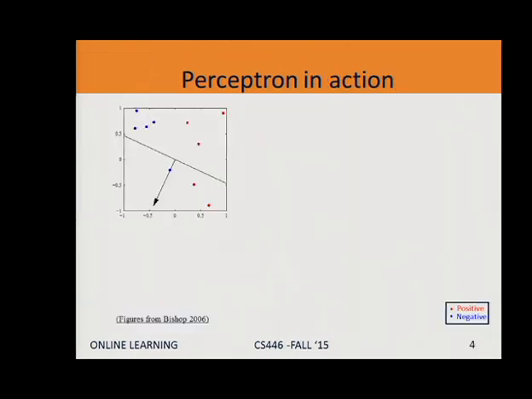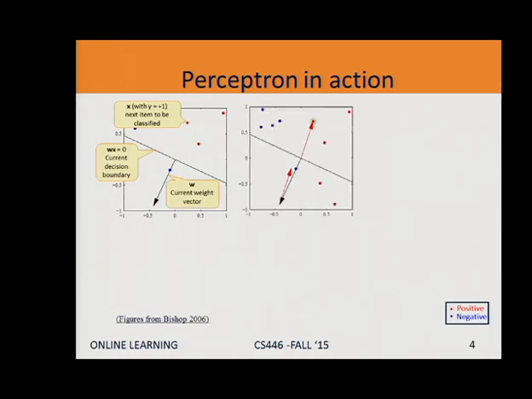This is an illustration that we went through last time, so I can just run through it. This is the decision line, the line Wx equals 0. Red points are positive, so for the red points I want Wx to be positive. For the blue points that are negative, I want Wx to be negative. If that's not the case, we're going to modify it. For example, this is my current W, perpendicular to the decision surface Wx equals 0.